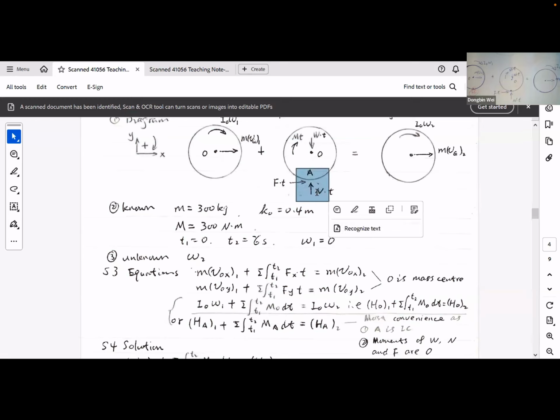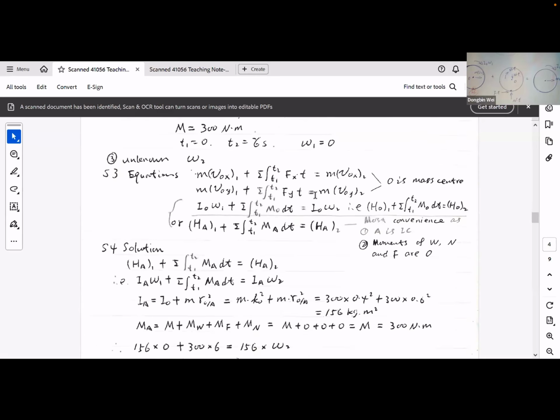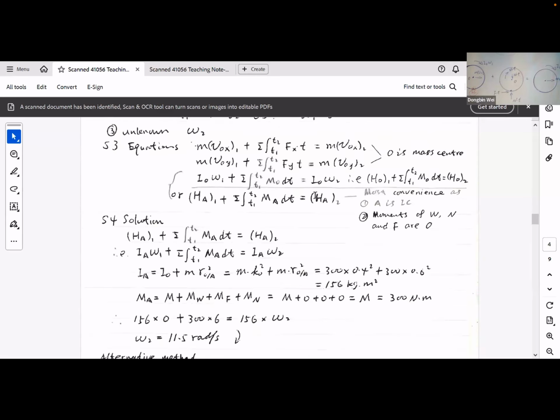You will see the moment arm of N, W and F, all three external forces, must be zero. And you only need to consider the angular impulse M t, isn't it? So definitely, select point A for your calculation. It should be easy.